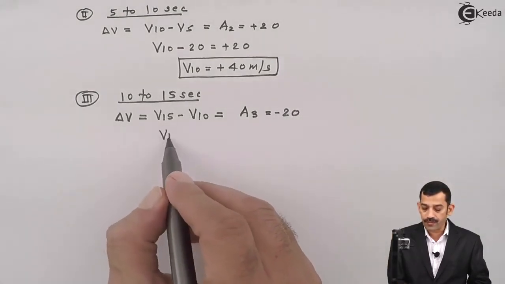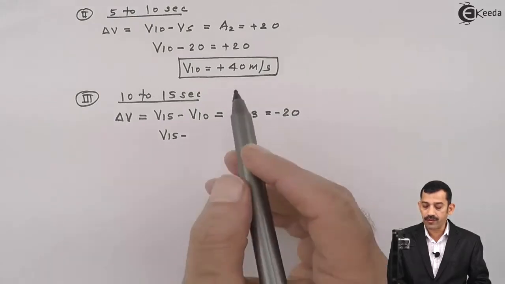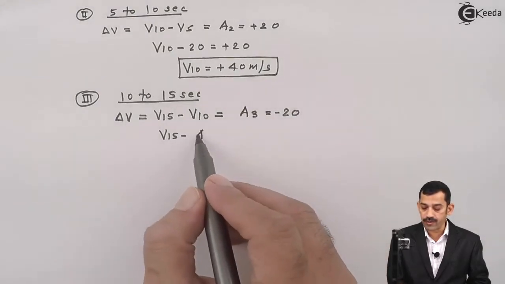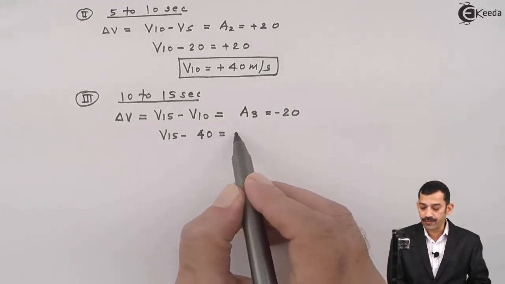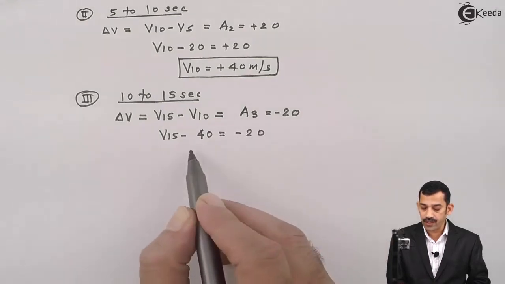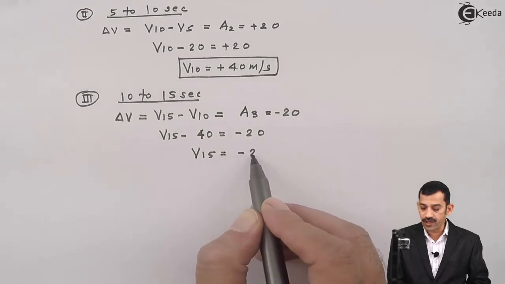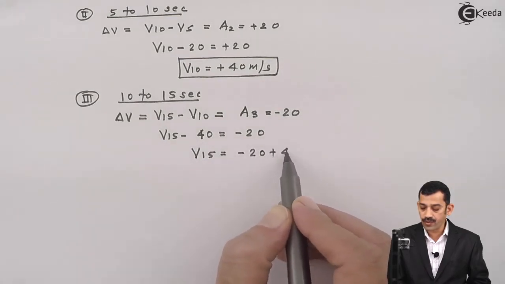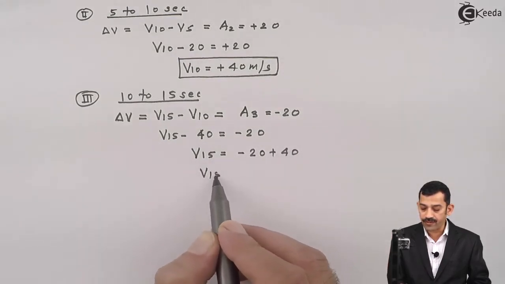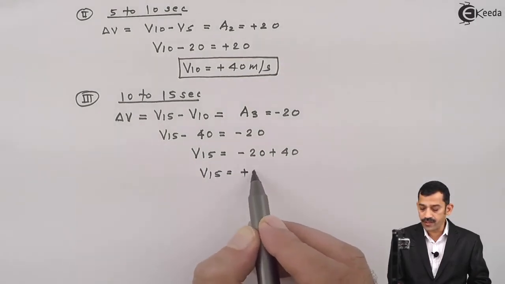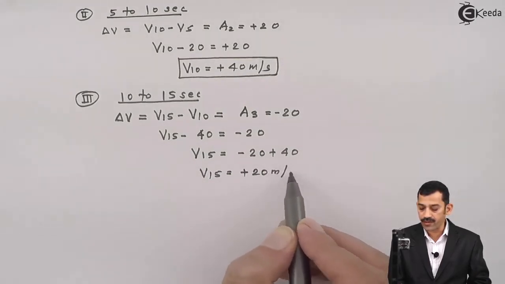Therefore, V15 minus V10, where V10 we already calculated as plus 40, equals minus 20. Therefore, velocity at 15 seconds is minus 20 plus 40. That means V15 comes out to be plus 20 meters per second.